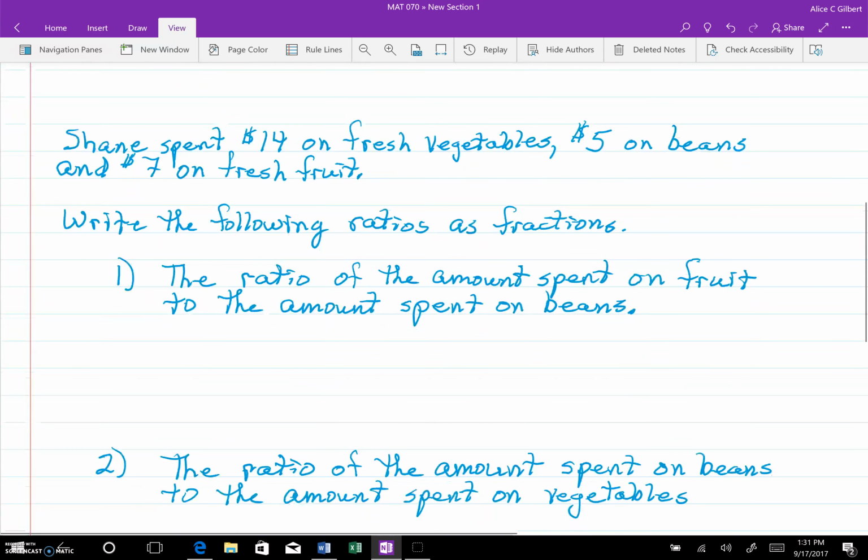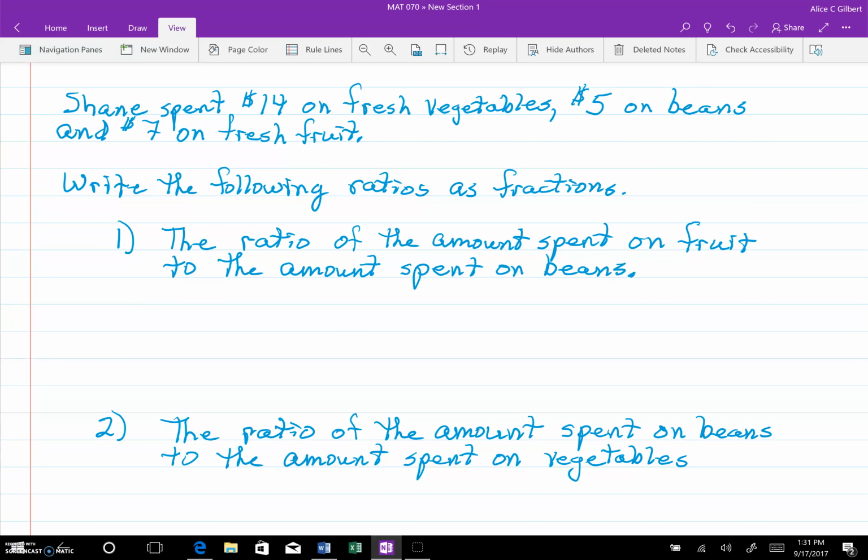Now let's look at this, okay? Shane spent $14 on fresh vegetables, $5 on beans, and $7 on fresh fruit. We want to write the following ratios as fractions. So the first one we're going to talk about is the ratio of the amount spent on fruit to the amount spent on beans.